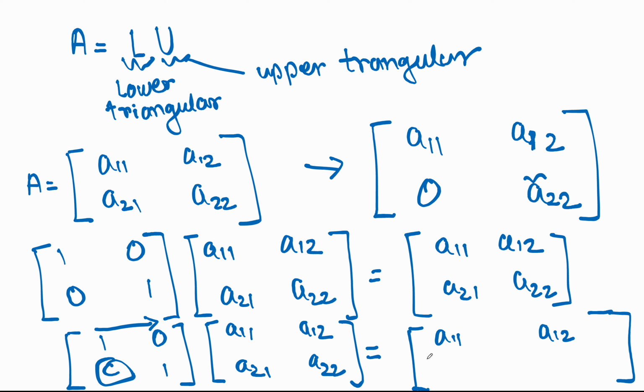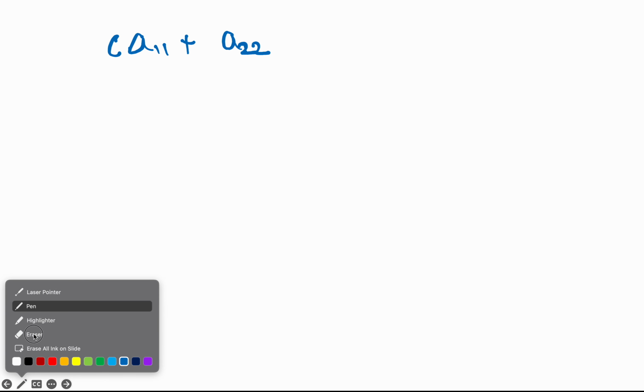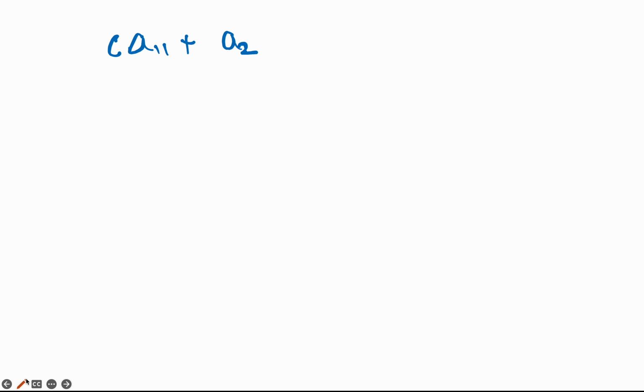The second row will be C times a11 plus a21, C times a12 plus a22. Now what we want is for this element to be 0. So we can write C a11 plus a21 is equal to 0, and we will get C is equal to minus a21 by a11.